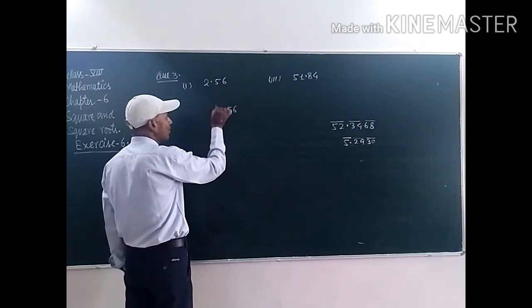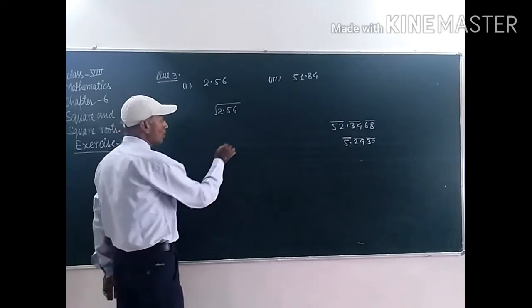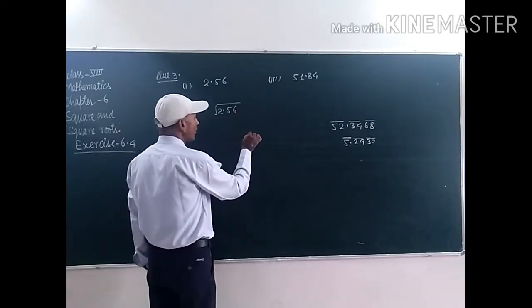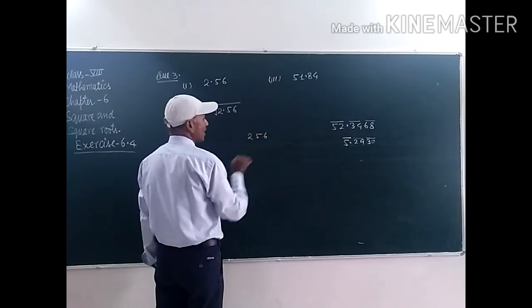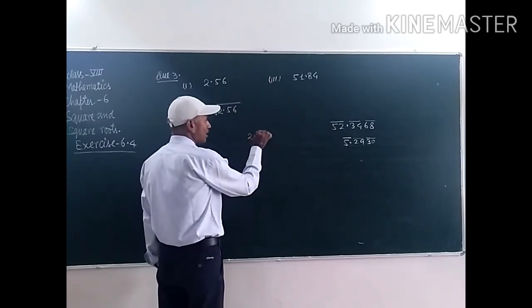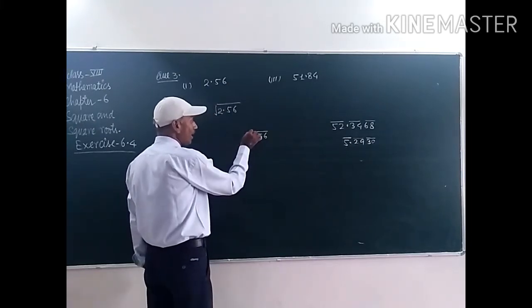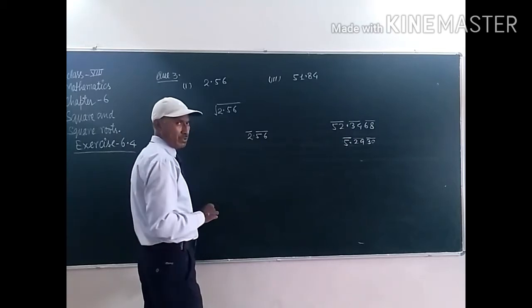Clear, student? Now this one is the first part, and first of all we have to find the square root of this number, the square root of 2.56. So write the number, this one 256. Clear, student? This one 2.56. This one is the first pair, and this single number we can write as 02, student.